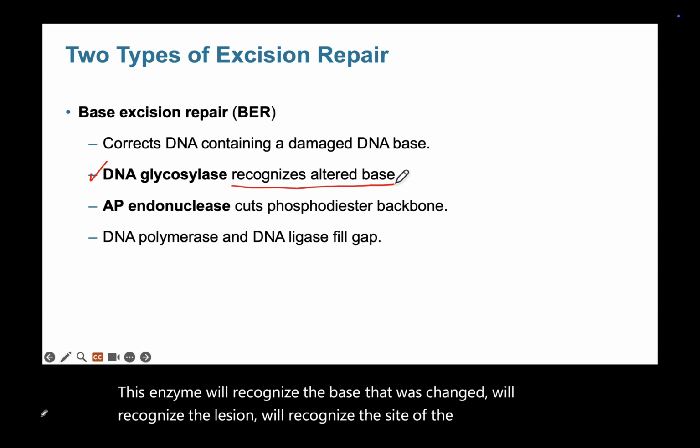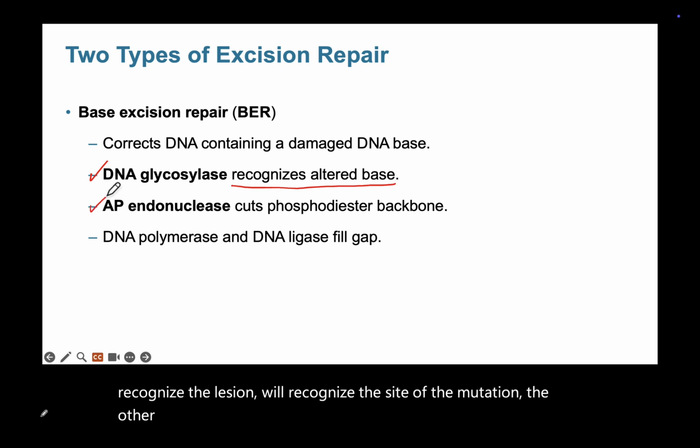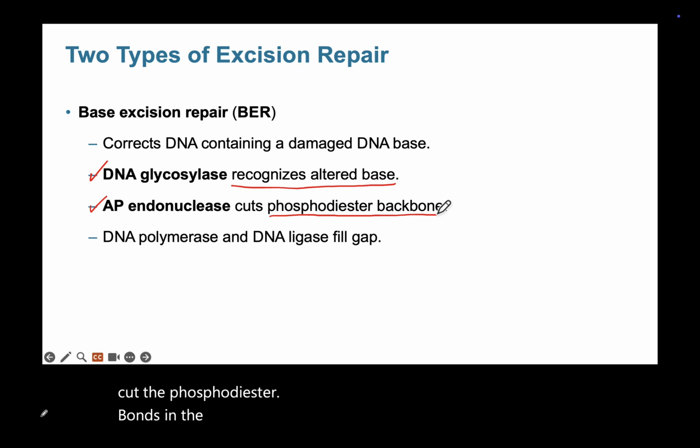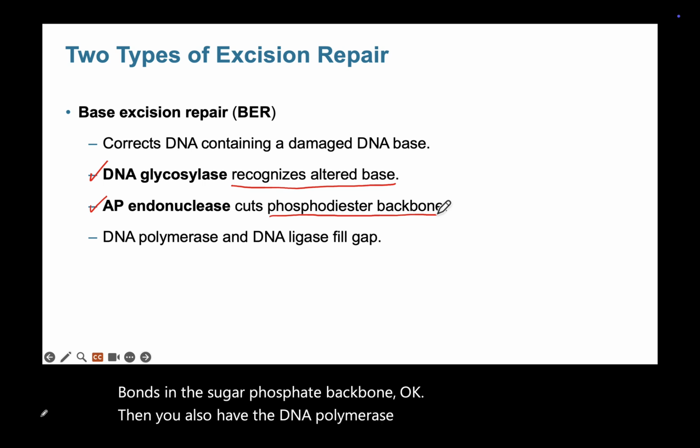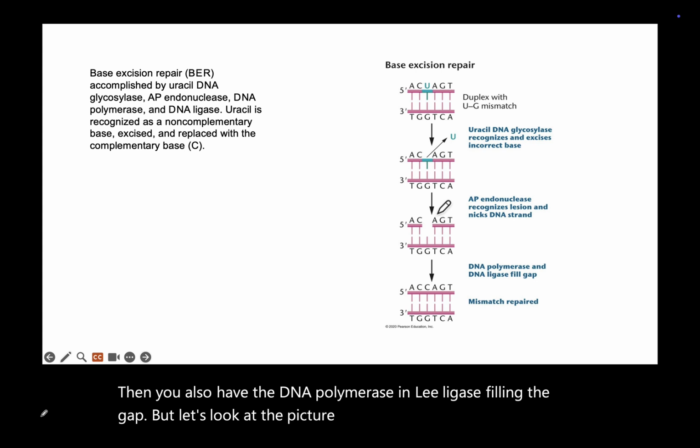The other enzyme is the AP endonuclease, and the endonuclease will cut the phosphodiester bonds in the sugar phosphate backbone. Okay? Then you also have the DNA polymerase and ligase filling the gap. But let's look at the picture to make more sense.